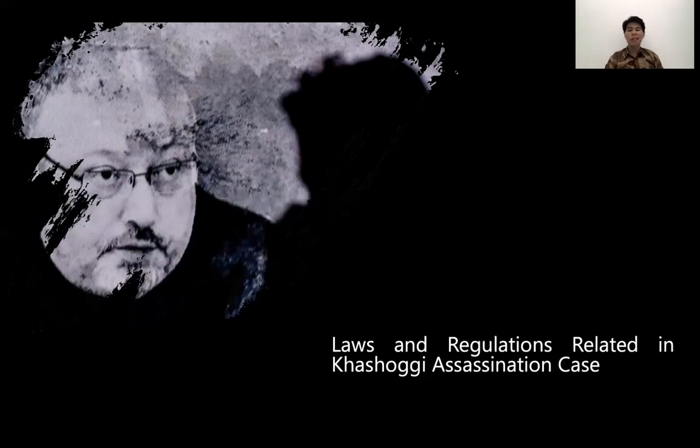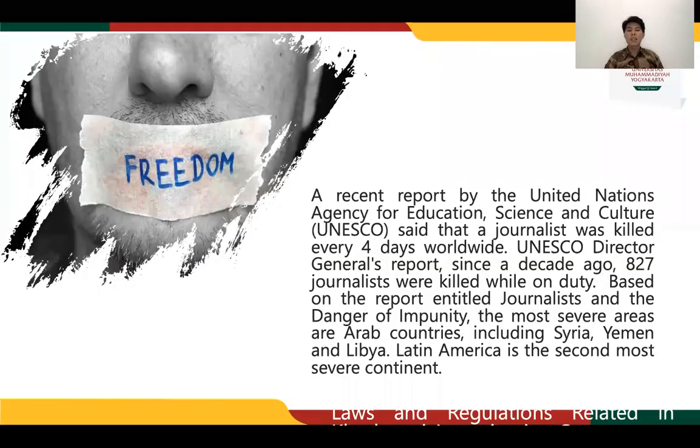Laws and regulations related to the Khashoggi assassination case. A recent report by the United Nations Educational, Scientific and Cultural Organization, UNESCO, said that a journalist was killed every 4 days worldwide. According to the UNESCO Director General's report, in the past decade about 827 journalists were killed while on duty.